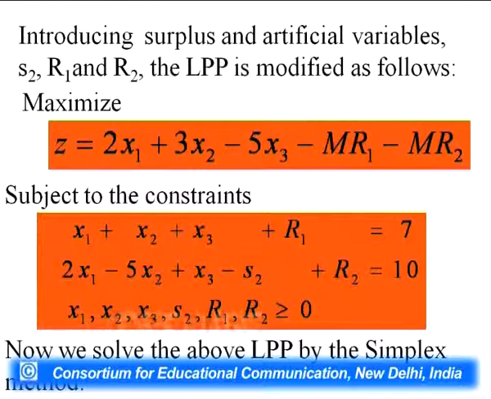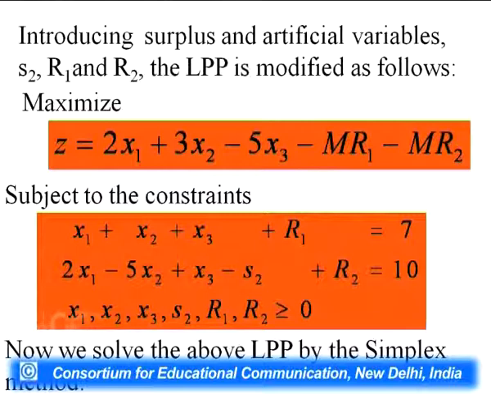Basic things we have introduced which are unique to this method, other than the technique which was used in the simplex method. Here we have a difference: our objective function is of maximization, not of minimization. That is why we introduce artificial variables in the objective function, as shown in the equation Z is equal to 2x1 plus 3x2 minus 5x3 minus MR1 minus MR2.